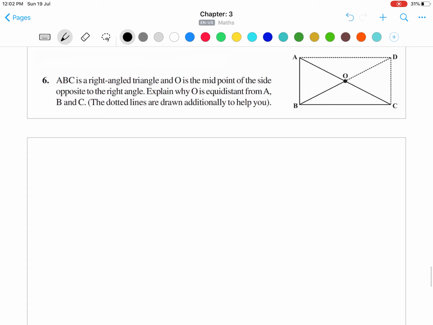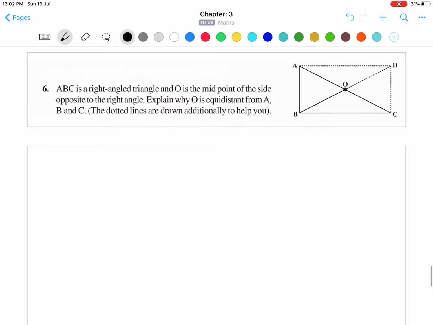Now moving to the next and the last question of this exercise and also of this chapter. It says ABC is a right angle triangle and O is the midpoint of the side opposite to the right angle.